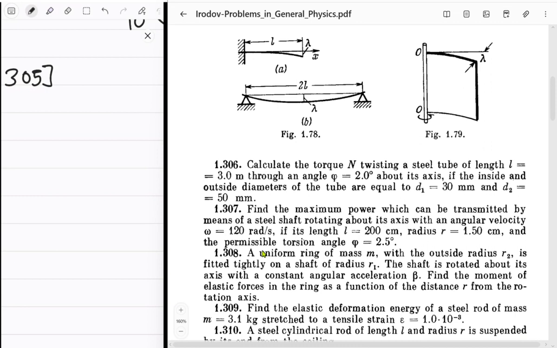And what's 308? Uniform ring of mass M with outside radius fitted tightly on the shaft of radius R1. The shaft is rotated about its axis with a constant angular acceleration beta. Find the moment of elastic forces in the ring as a function of the distance r from the rotational axis.